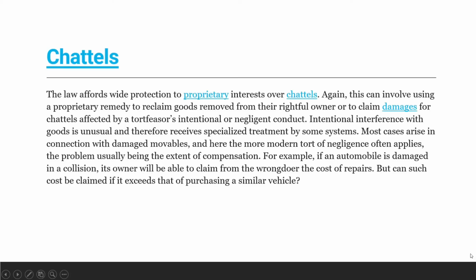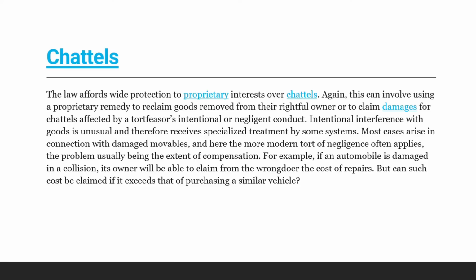Chattels. The law affords wide protection to proprietary interests over chattels. This can involve using a proprietary remedy to reclaim goods removed from their rightful ownership or to claim damages for chattels affected by a tortfeasor's intentional or negligent conduct.